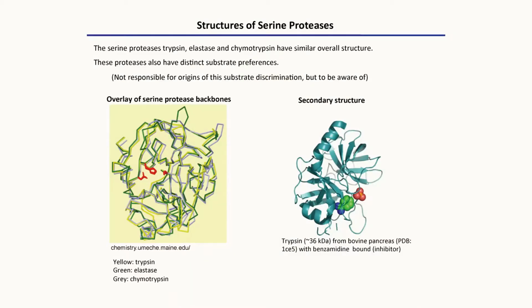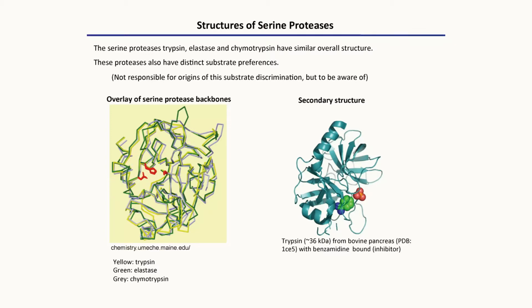If we look at the structures of serine proteases, just to compare, what we see is that trypsin, elastase, and chymotrypsin have similar overall structure. So this is an overlay of the three enzymes, and the catalytic triad is shown in red.